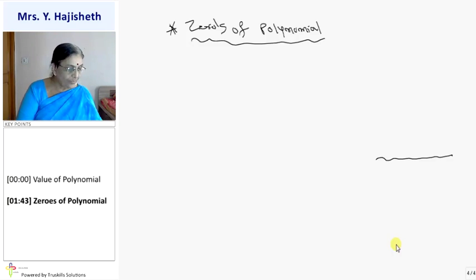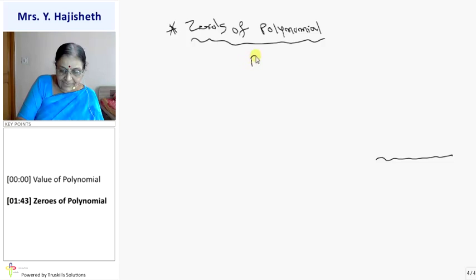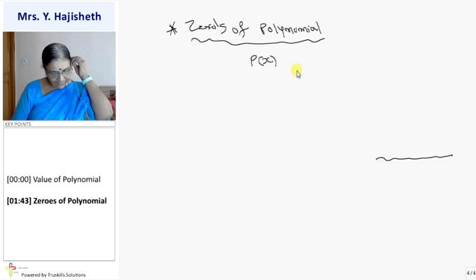Tell me, what do you mean by zeros of polynomial? Suppose p(x) is any polynomial, right? Then zero of polynomial is a real number c, which makes my p(x) 0. So how do I define zeros of polynomial?